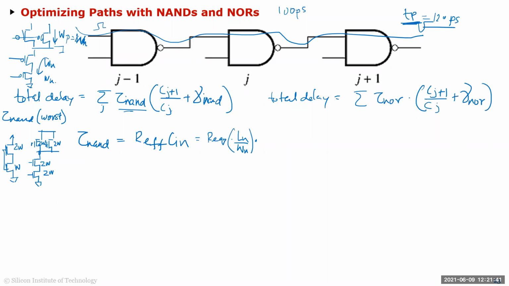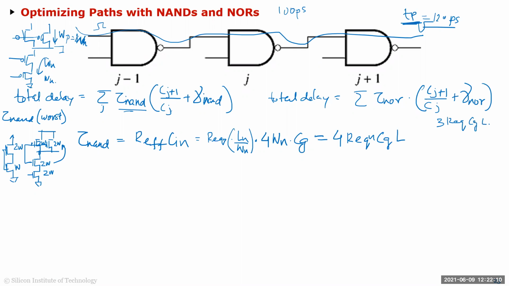So if you take the NAND gate, so each node is 2W plus 2W, so that will be 4Wn, because everything is a reference to n, times the CG, which is per unit length, right?